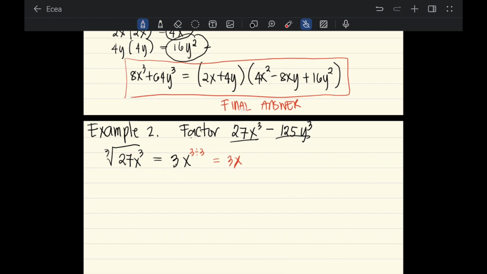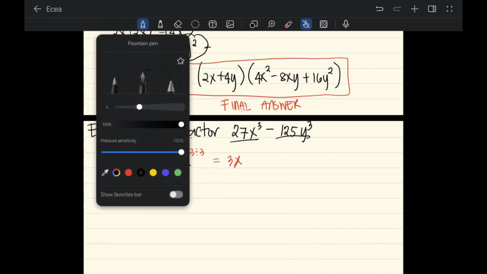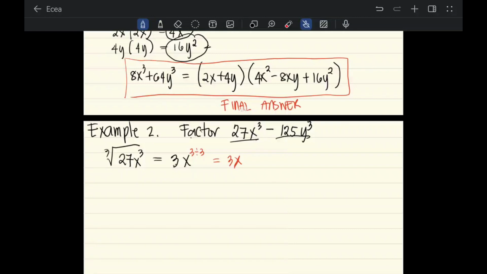Now, let's have the cube root of the last term, which is 125y cubed. And the cube root of 125 is 5. And also, the exponents, you divide the exponent 3, you divide it with 3 here.